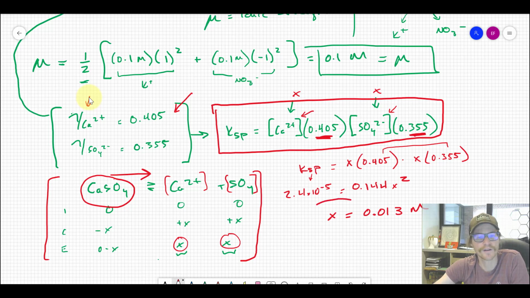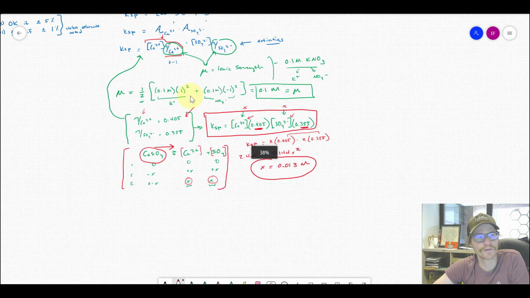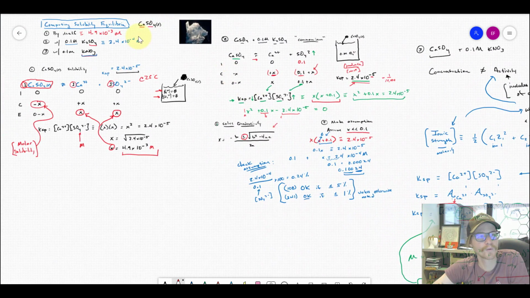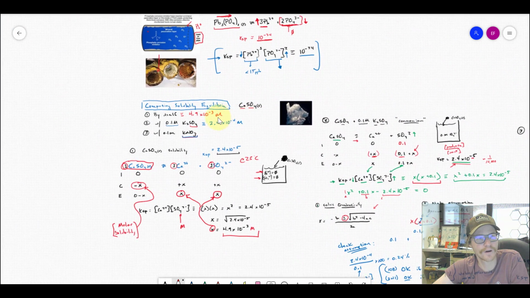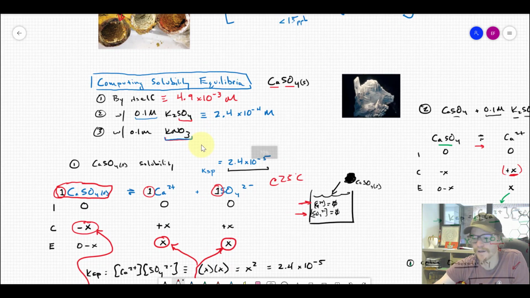But the punchline here is that the molar solubility of calcium sulfate, x, is 0.013 molar. If you remember, we can zoom back out and go back to our original scenario. What that meant relative to our other scenarios is considerably different, right?